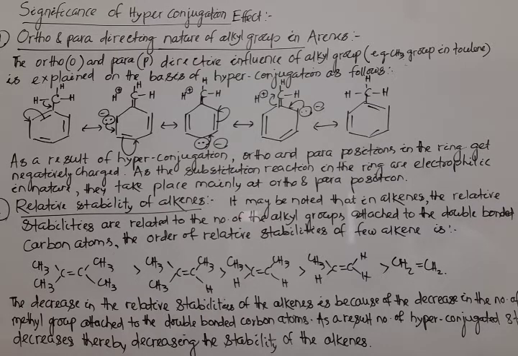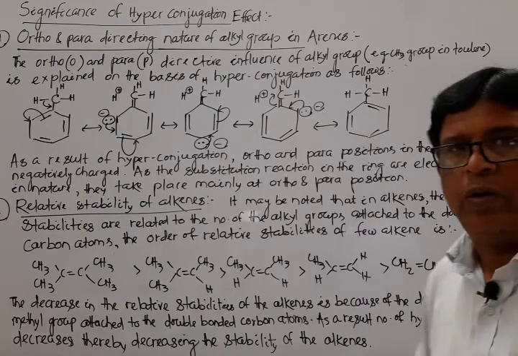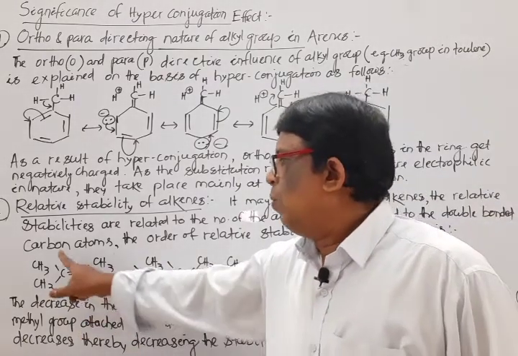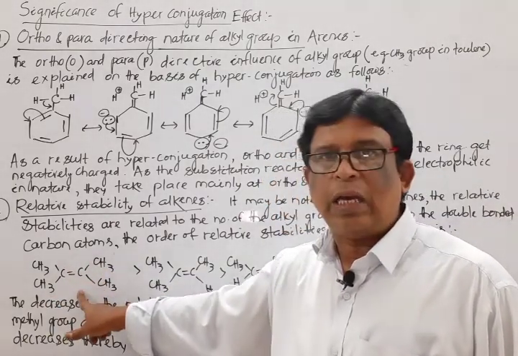I repeat again. On the basis of this concept, the relative stabilities of some alkenes are given below. Mark that. In this alkene, 4 hydrogen atoms are replaced by 4 alkyl groups.